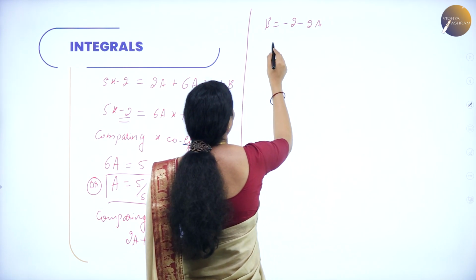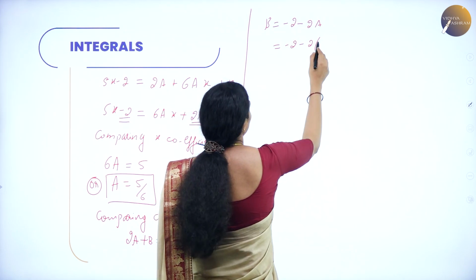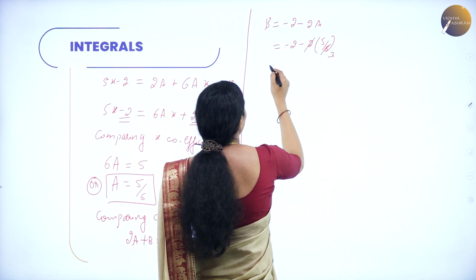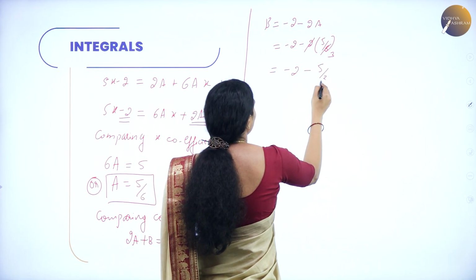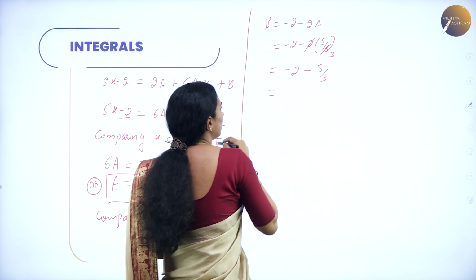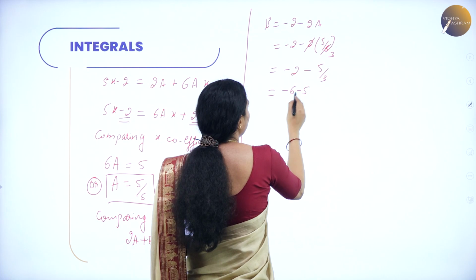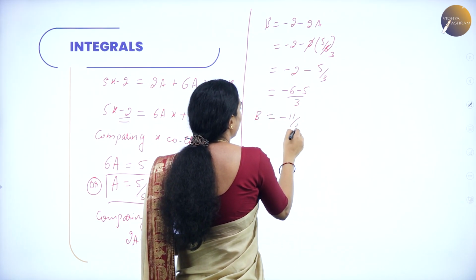Now taking the a value, minus 2 into 5 by 6, cancelling, 2 3s are 6, gives minus 2 minus 5 by 3, which is minus 6 minus 5 by 3, which implies b is equal to minus 11 by 3.